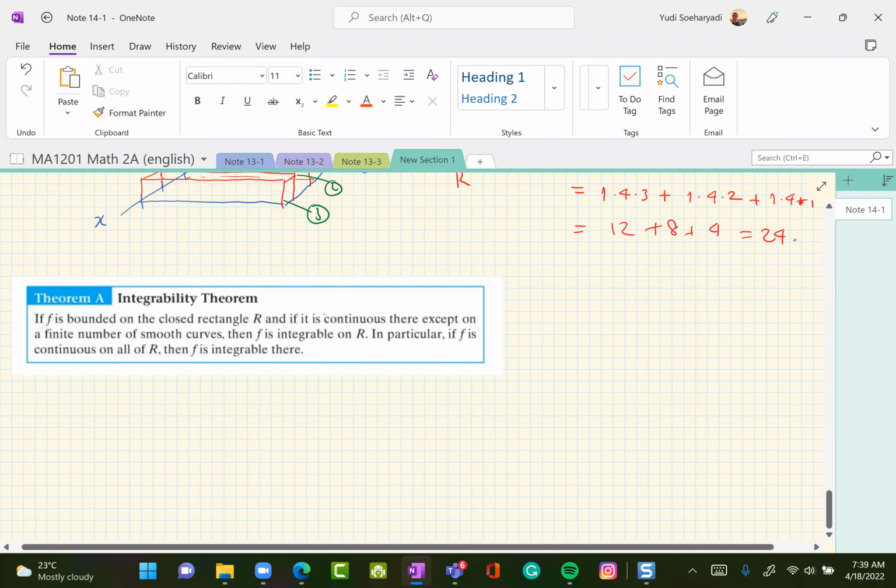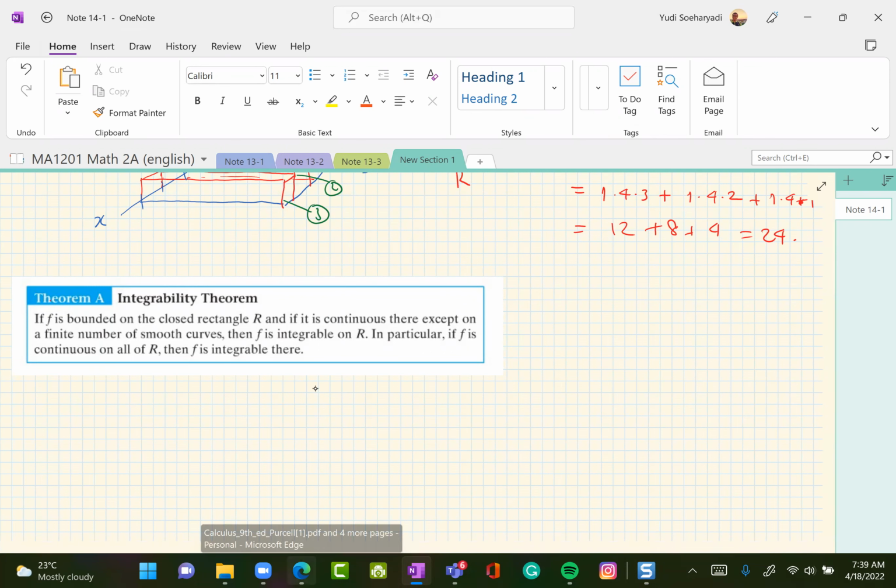Continuous functions, or more generally, continuous except on some finite number of curves, are integrable. So we can compute with this. The next key question is how do we compute it?